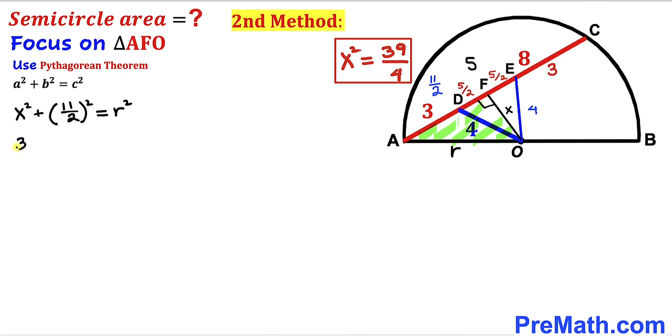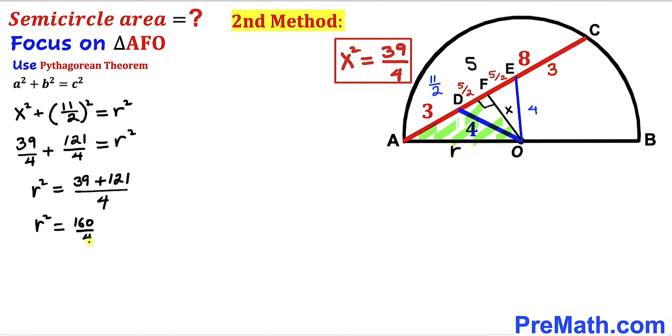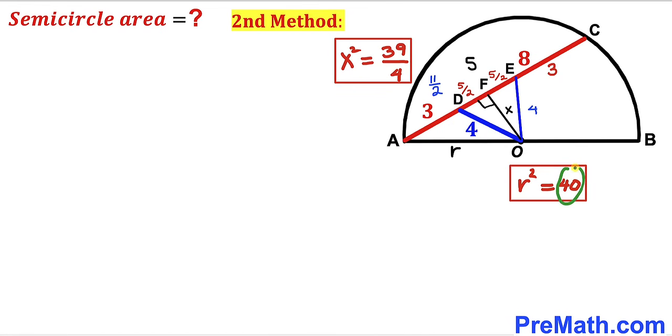So therefore I can write 39 divided by 4 plus this is going to give us 121 divided by 4 equal to r square, or we can write r square equals 39 plus 121 divided by 4, and that is going to give us r square equal to 160 divided by 4. In other words, r square value turns out to be 40. So thus our r square value turns out to be 40.